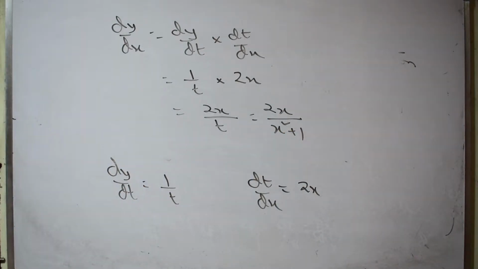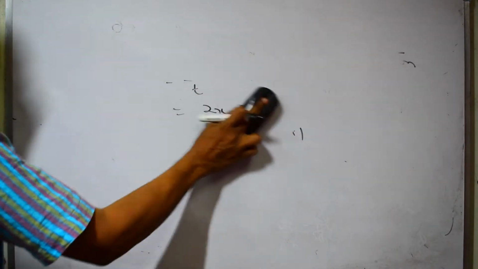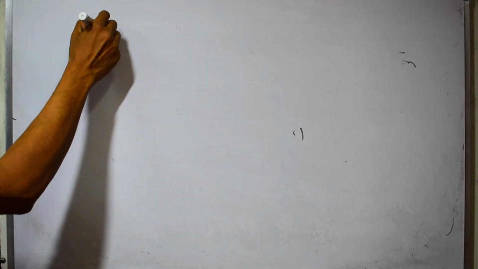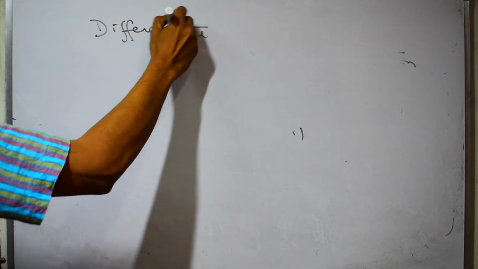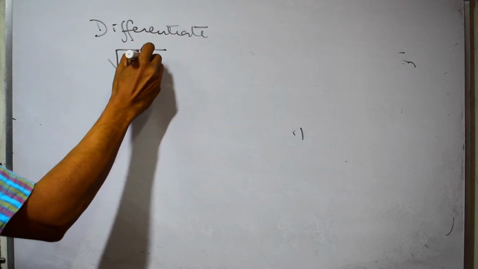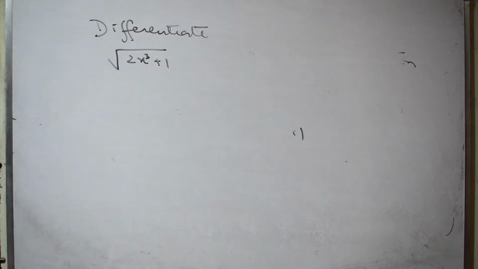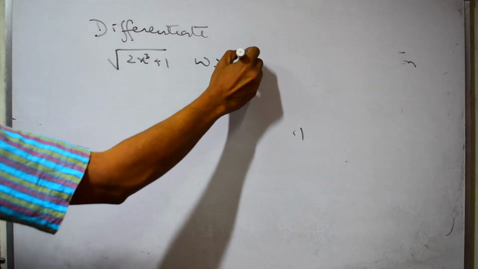So this is the concept of chain rule, which we can write directly by thinking a little bit, whenever we are differentiating any function. Like another example we can take: differentiate root over 2x cube plus 1 with respect to x.